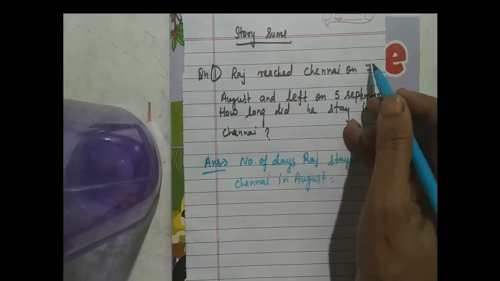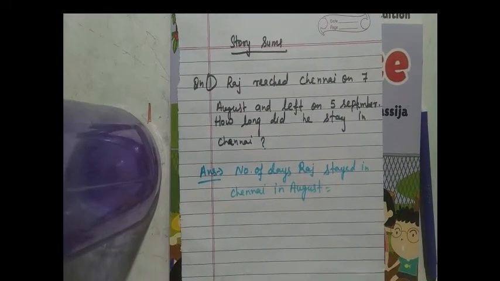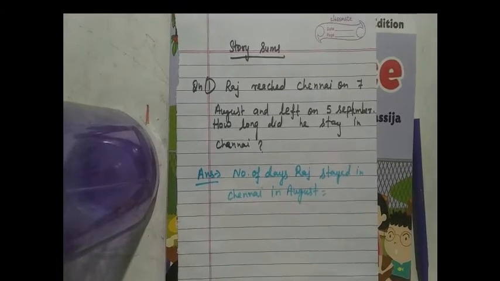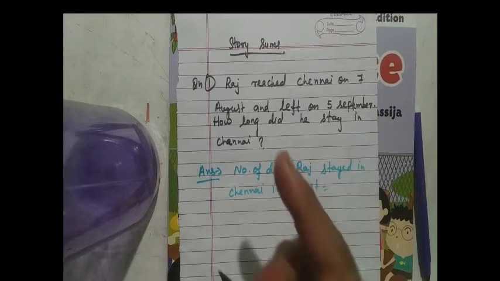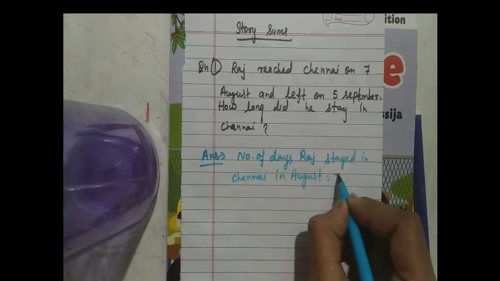How many days are there in August? There are a total of 31 days. And he was not in Chennai for 6 days, meaning 1 to 6.